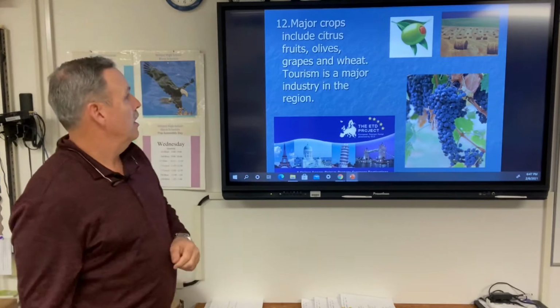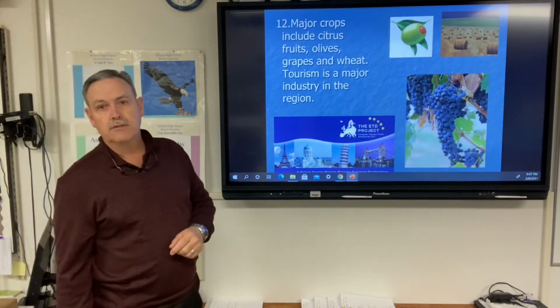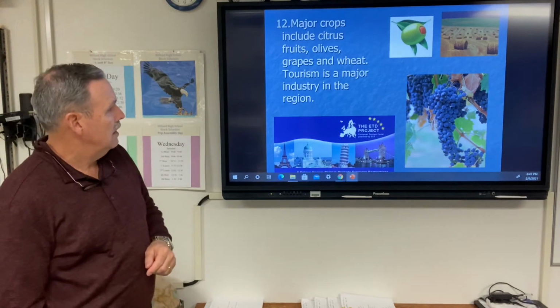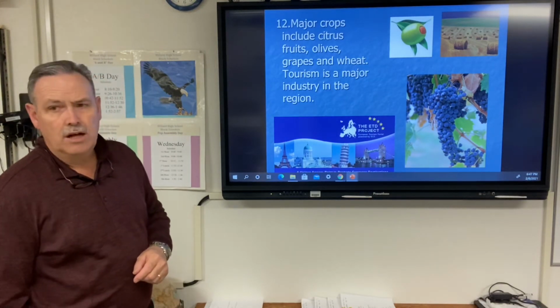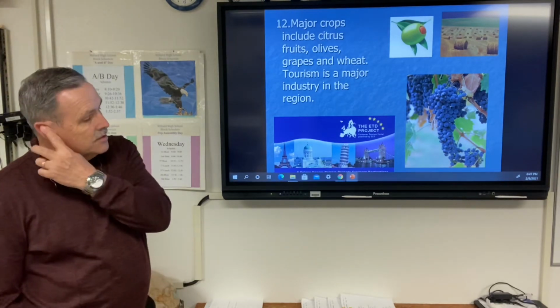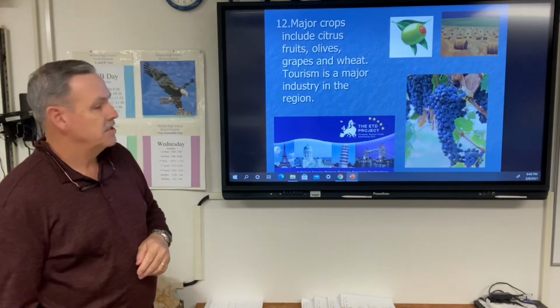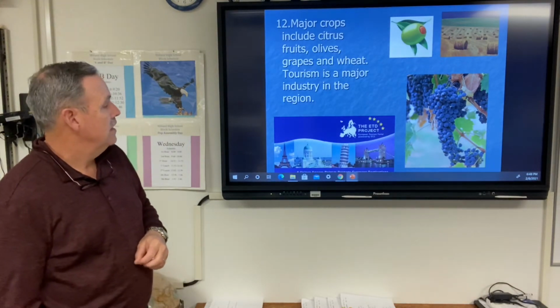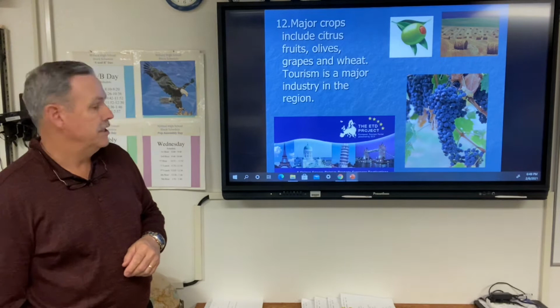Okay, major crops include citrus fruits, olives, grapes, and wheat. Especially olives, they can be found in Greece, Italy, Spain, specifically the southern part of Europe that borders the Mediterranean. Tourism is a major industry in the region.